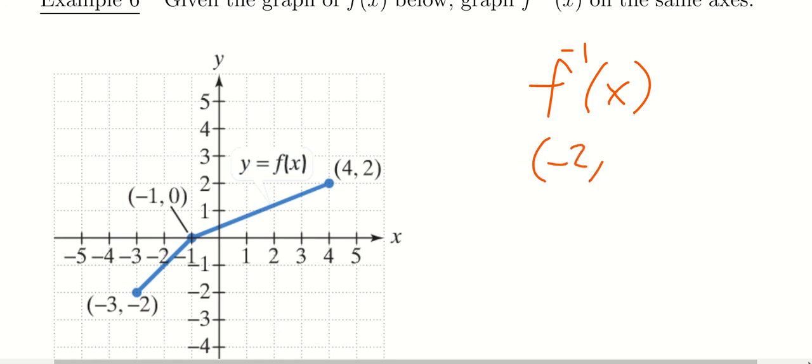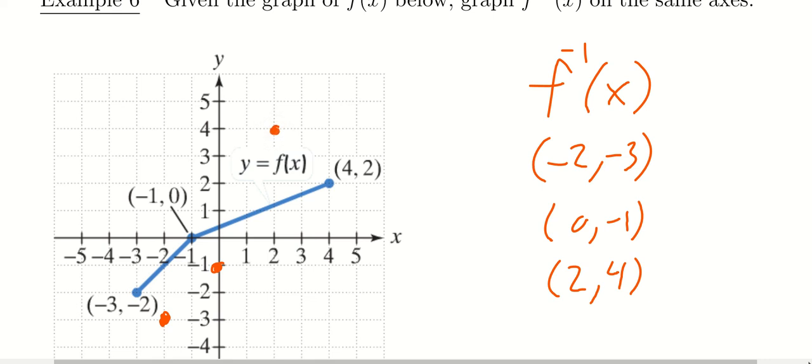If we flip-flop the x and the y coordinates, then that means that the ordered pairs -2, -3, 0, -1, as well as the point 2, 4, will lie on the graph of f inverse. So let's go ahead and plot those. -2, -3 would be here. 0, -1 would be here. And then 2, 4 would be right here.